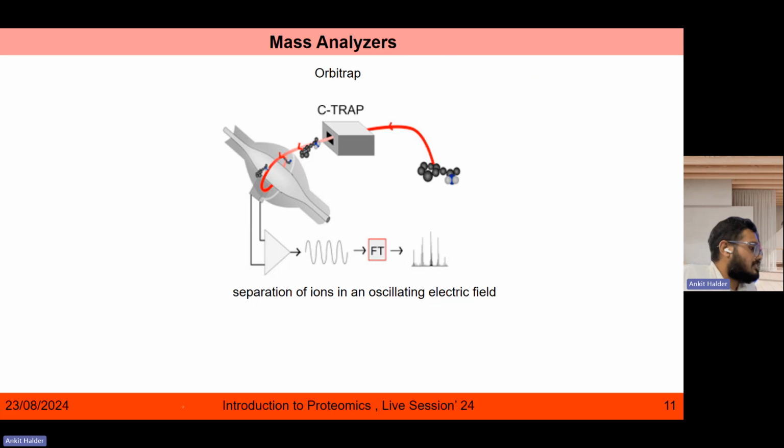Next, as I mentioned, another thing is orbitrap instruments. These mostly come in hybrid configurations.